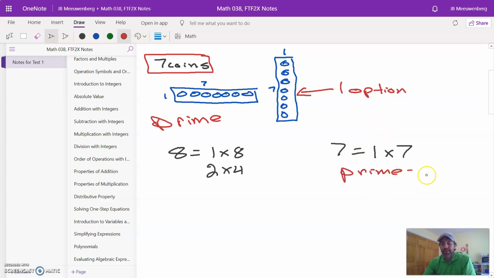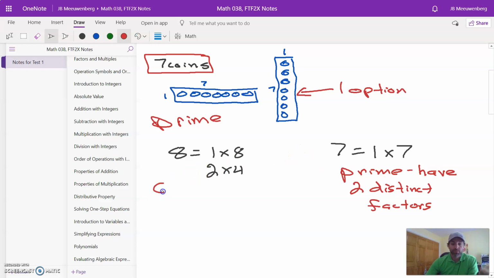Prime numbers only have 2 distinct factors. That's the definition. Have 2 distinct factors. Factors meaning different.